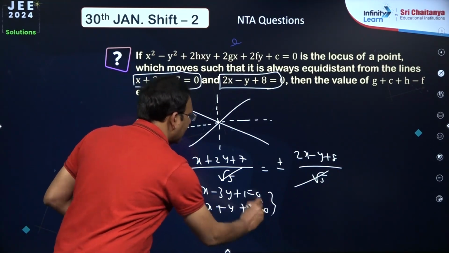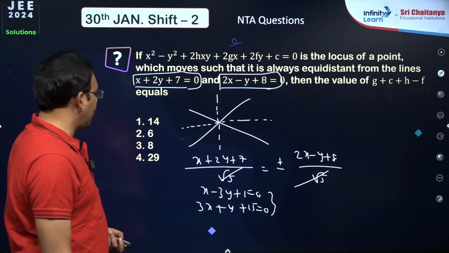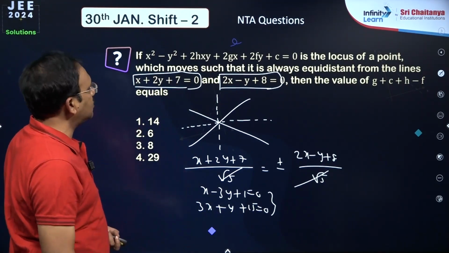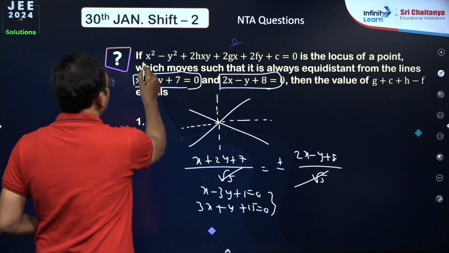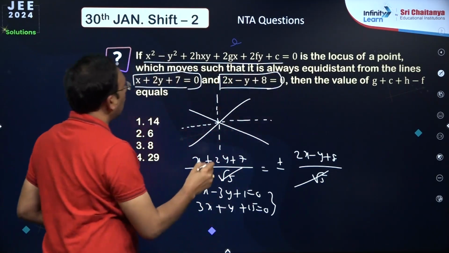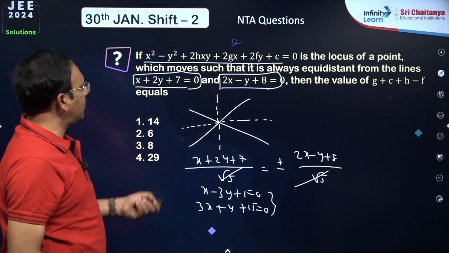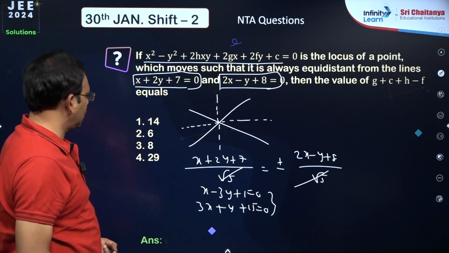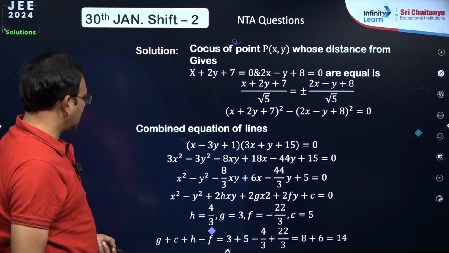You just multiply these two lines, and you are going to get a pair of lines equation, my dear friends. That is to be compared with this particular equation. From that you try to find the h value, g value, f value and substitute. You see here it is done here.